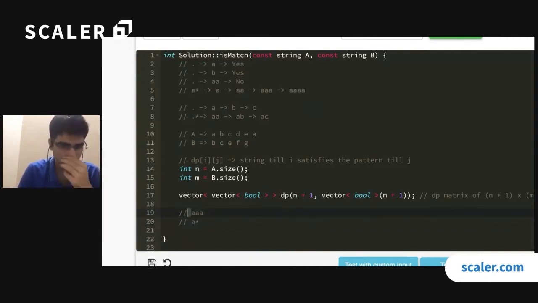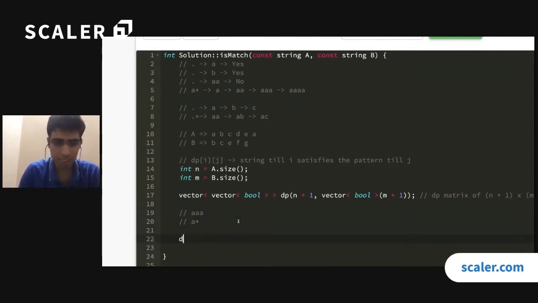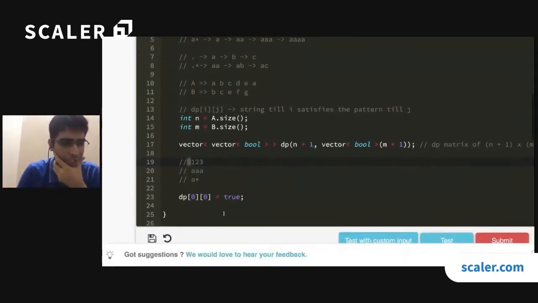It does, right? So what I can say is dp[0][0] is true. Nothing matches nothing. If I talk about indexing, I'm using one-based indexing, so 0 will be here, then 1, 2, and 3. So basically 0 represents nothing matching nothing. Okay, great. So now we have taken care of the base case.